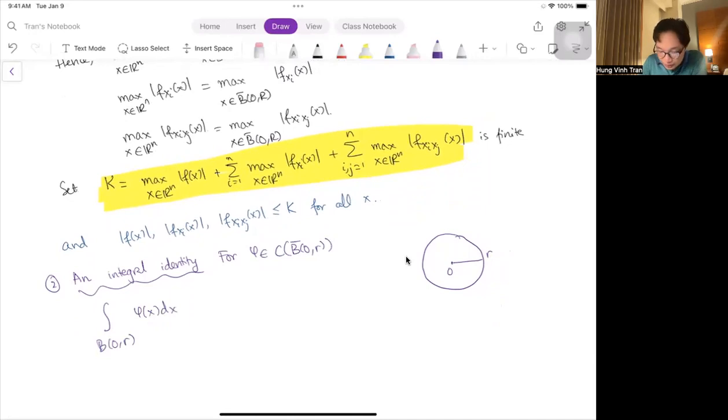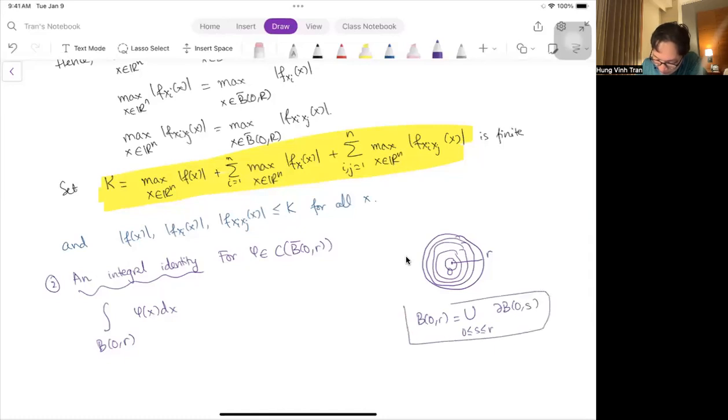Again, this is just a Riemann integral, and one way to think about this identity is that the ball of center 0 radius r is essentially a union of spheres of radii ranging from 0 to r. So there's an identity that B(0,r) is the union over s from 0 to r of the sphere of center 0 radius s.